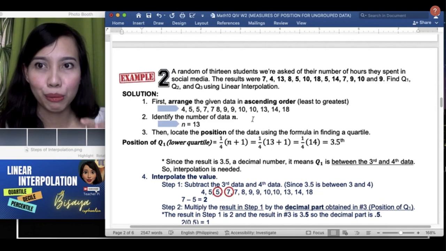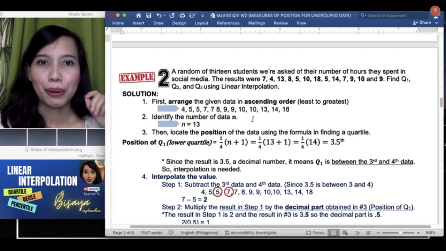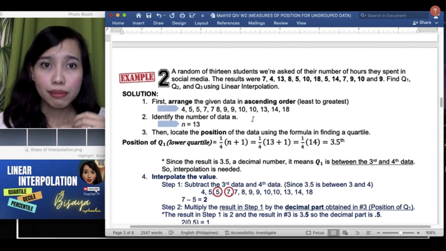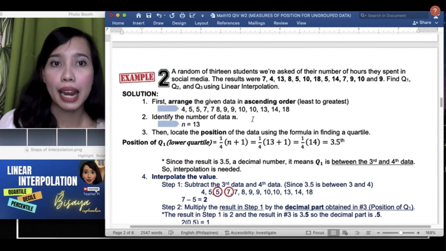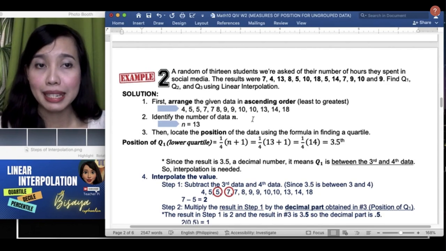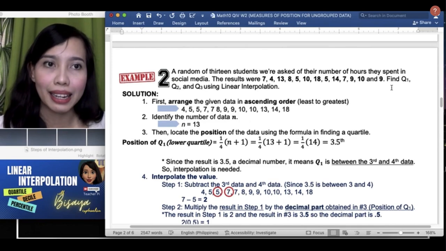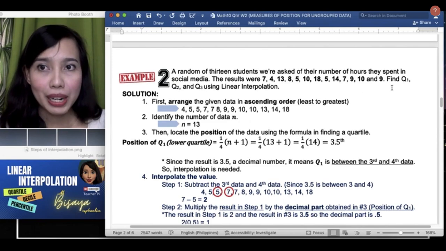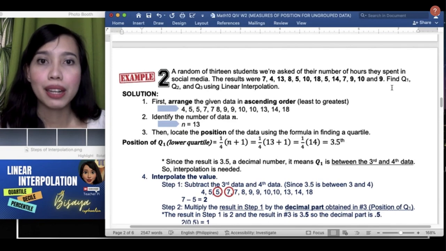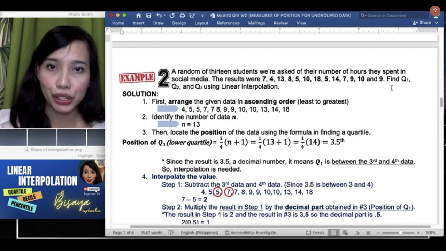It would be nicer if it were specified, but that is not our focus. The results were 7, 4, 13, 8, 5, 10, 18, 5, 14, 7, 9, 10, and 9. Find the lower quartile, the median, and the upper quartile using linear interpolation.